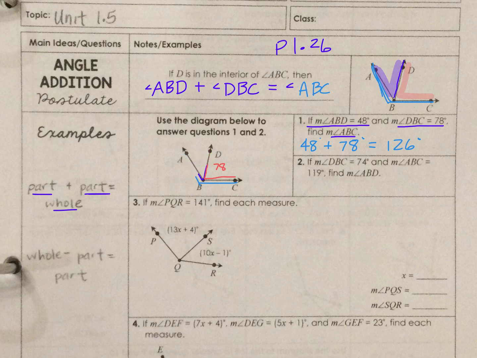All right, let's do the next one. If DBC, so that part, is 74, and ABC is 119, so that is the whole thing, is 119. Find ABD. So I'm looking for that part.